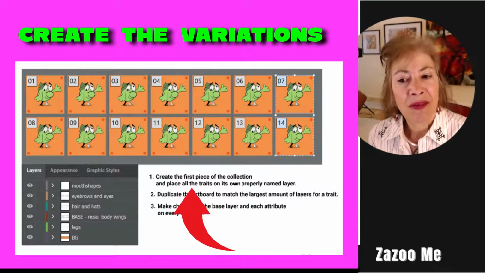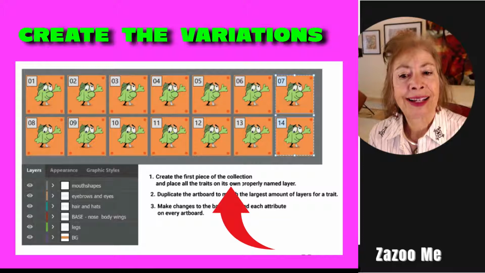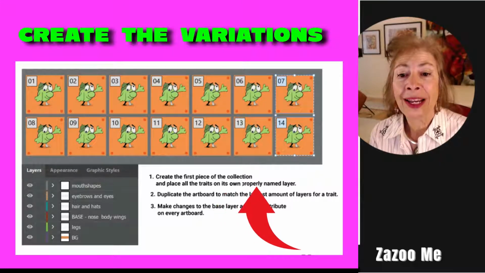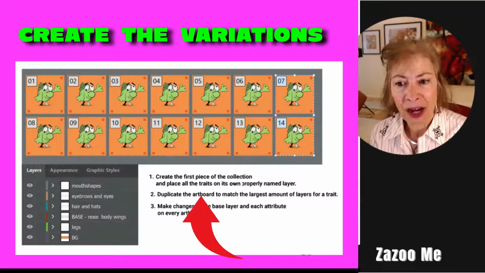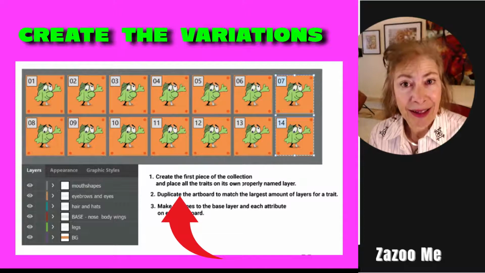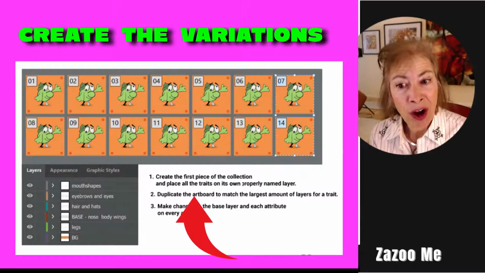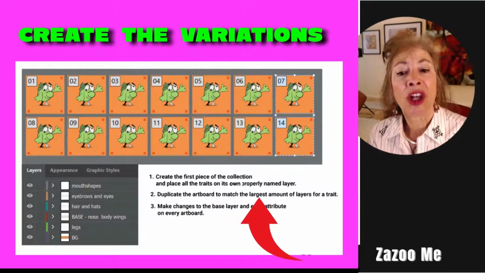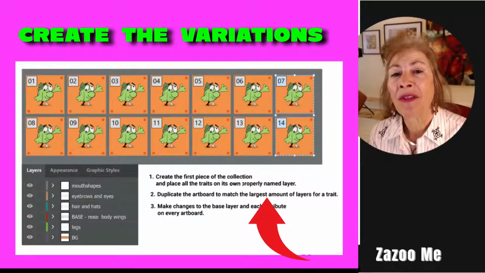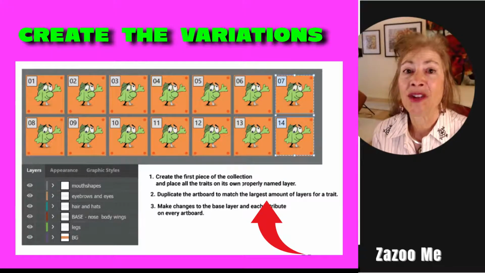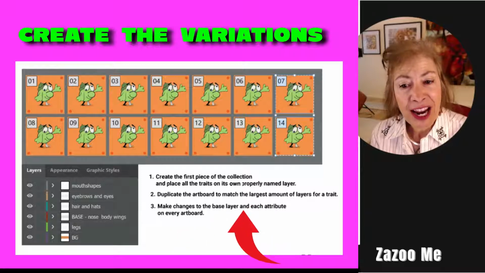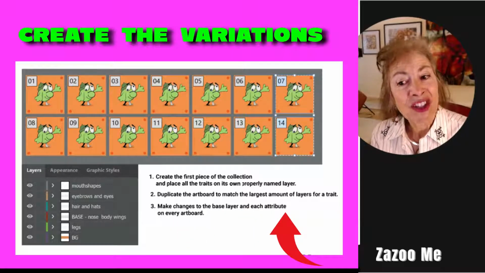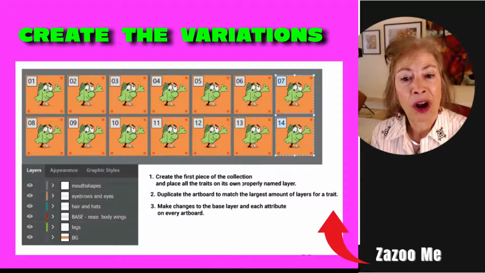Then you want to create all of the variations. Create the first piece of the collection. Place all the traits on its own properly named layer. Duplicate that layer, that artboard, to match the largest amount of layers to create a trait. Make changes to the base layer and each attribute on every artboard.